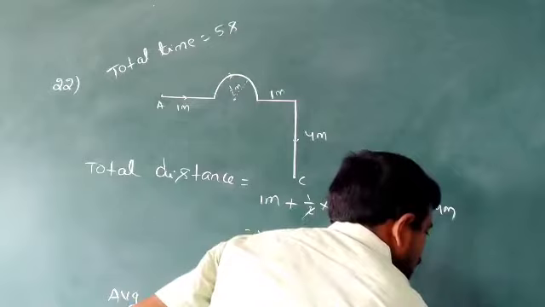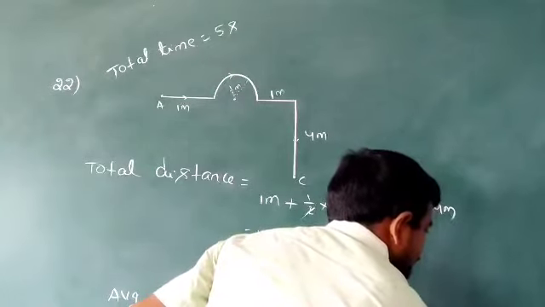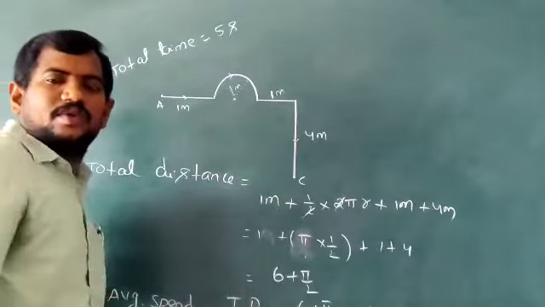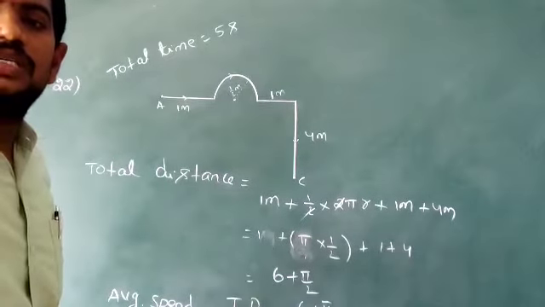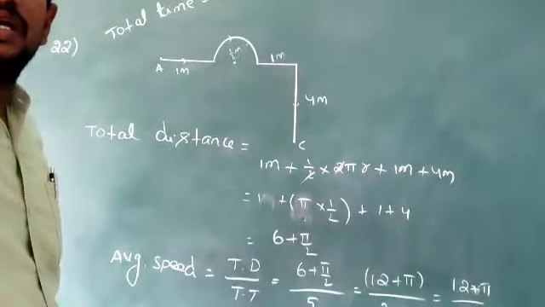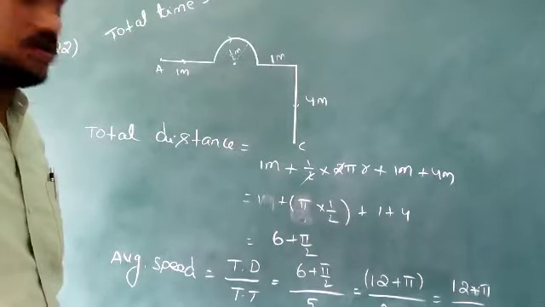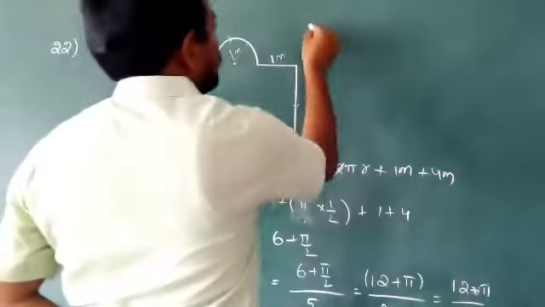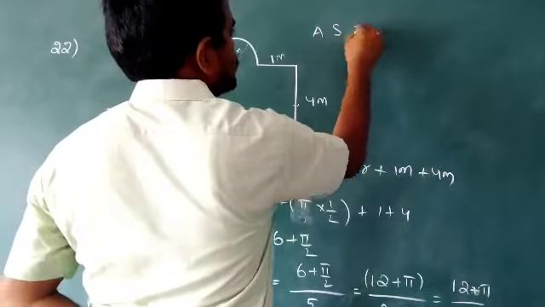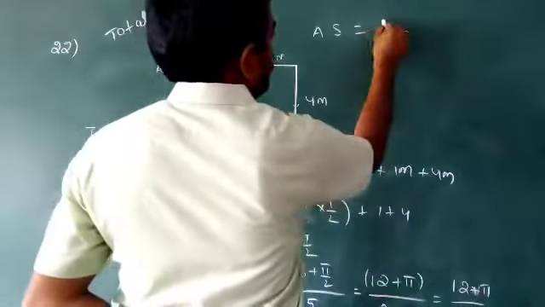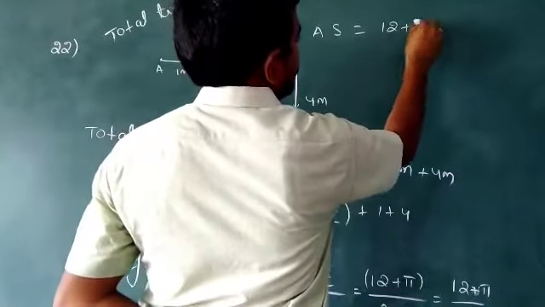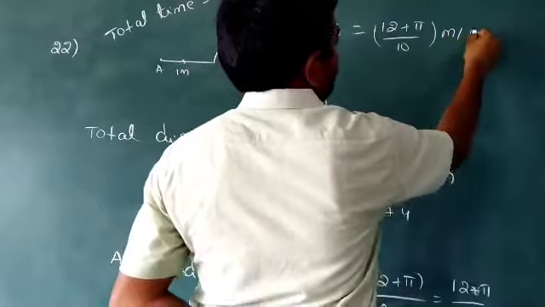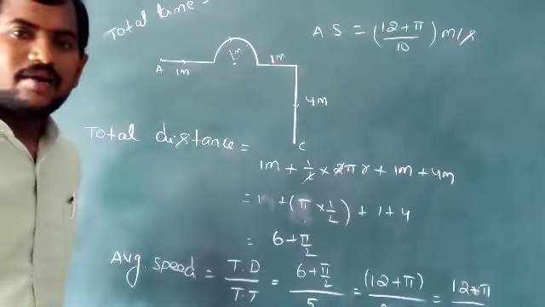This equals 12 plus pi by 10 is the average speed. So like this we can find the average speed. Right, so 12 plus pi by 10. Here I will write average speed is equal to 12 plus pi by 10 meter per second. Like this we have to find the average speed.